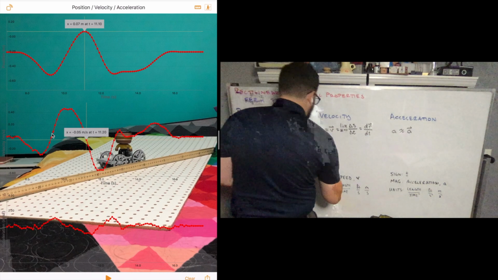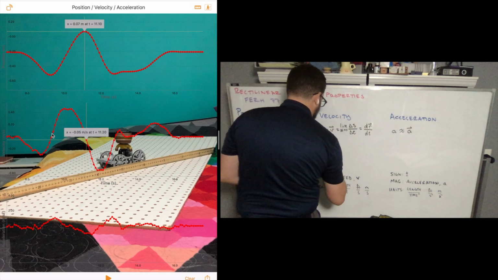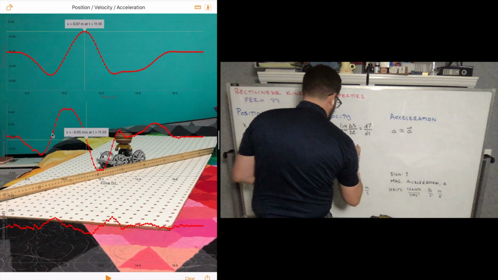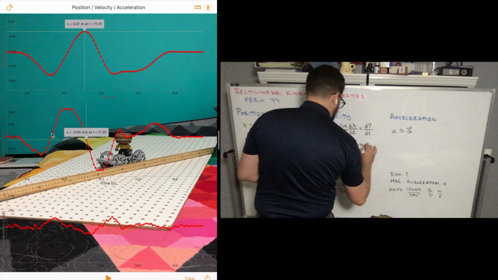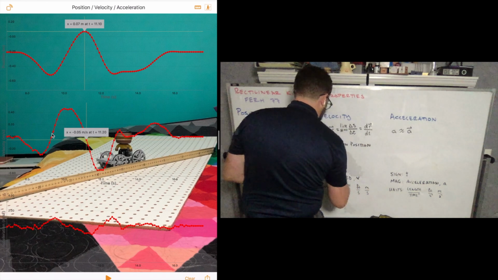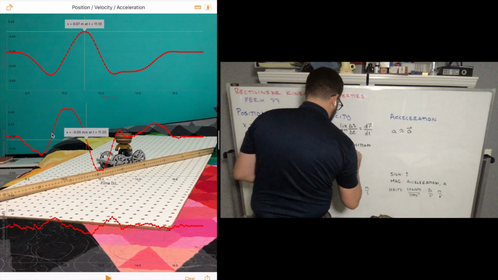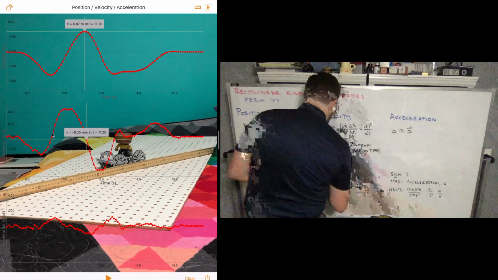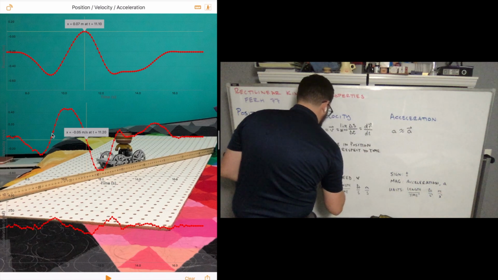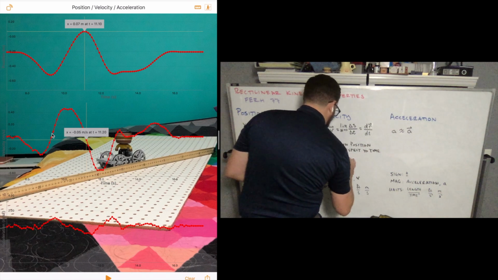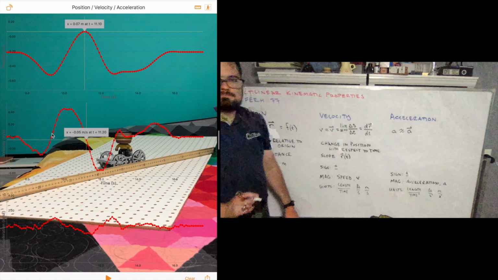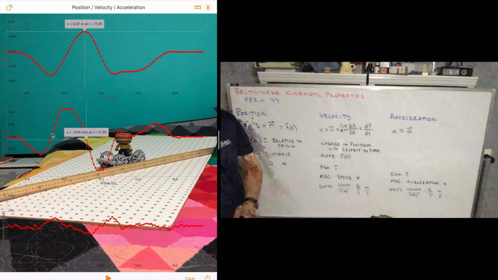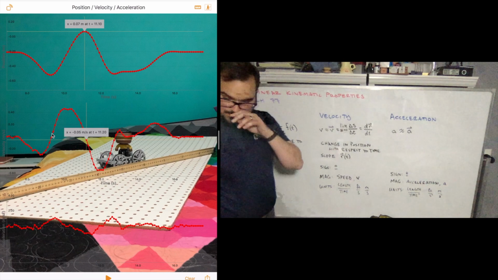So velocity is the change in position with respect to time, or we can think of it this way, the slope of our position as a function of time. Or we can even think of it as the rate of change.